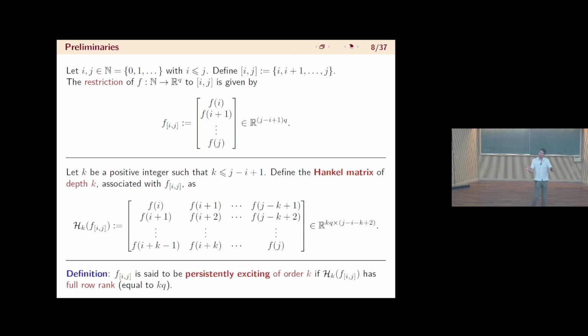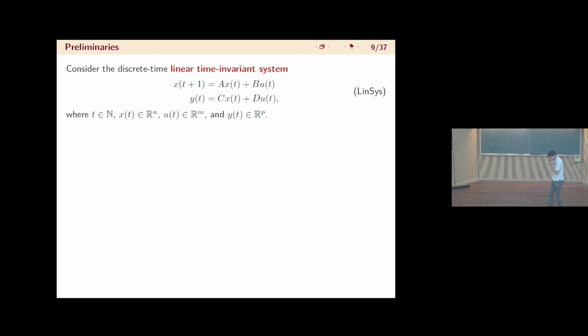Right, so when this Hankel matrix has full row rank, we call this signal Fij persistently exciting of order k. That will play an important role in the further development of today's lecture. Okay. So those were some preliminaries on signals and Hankel matrices.